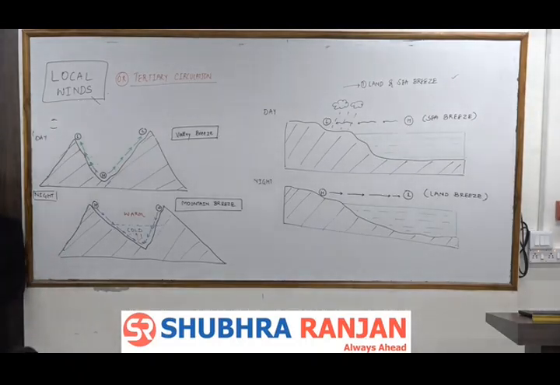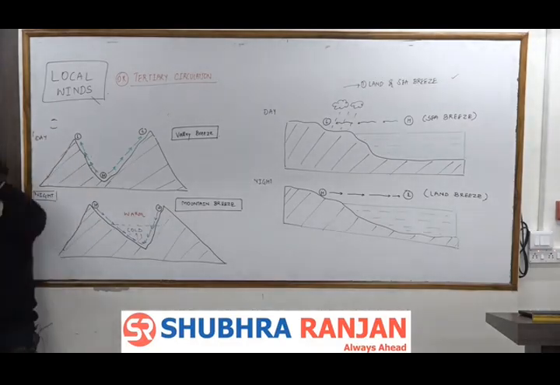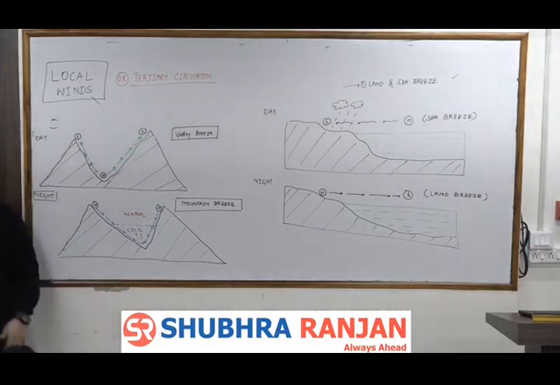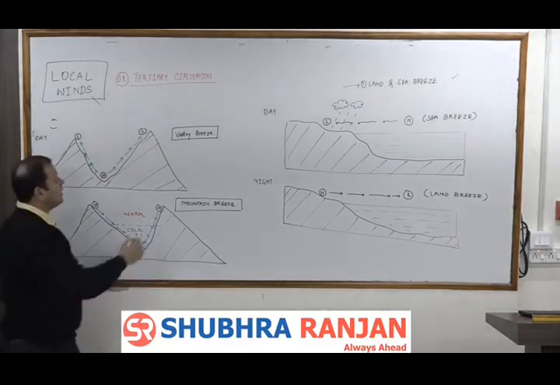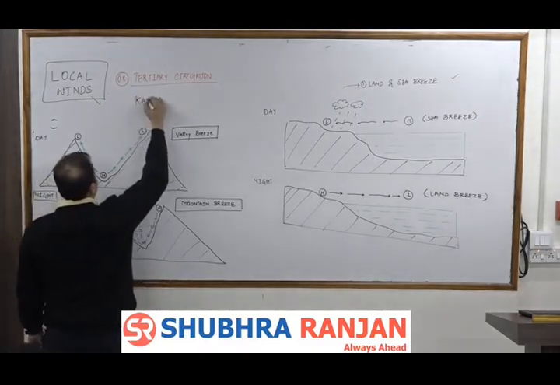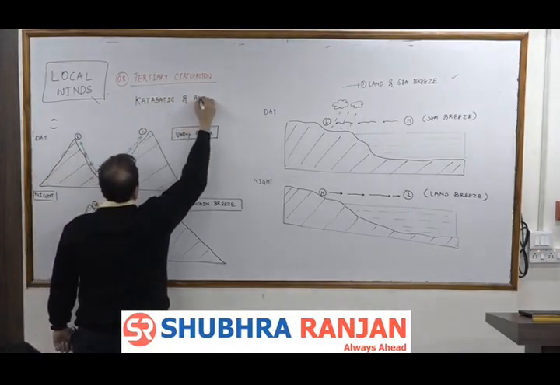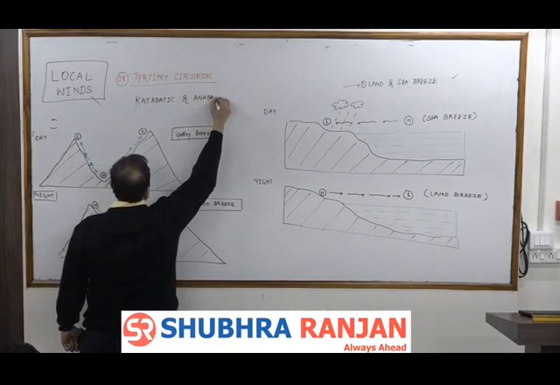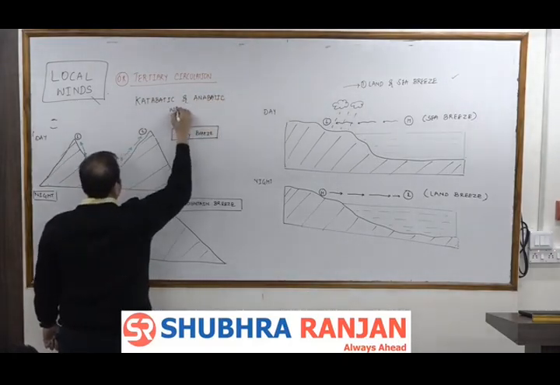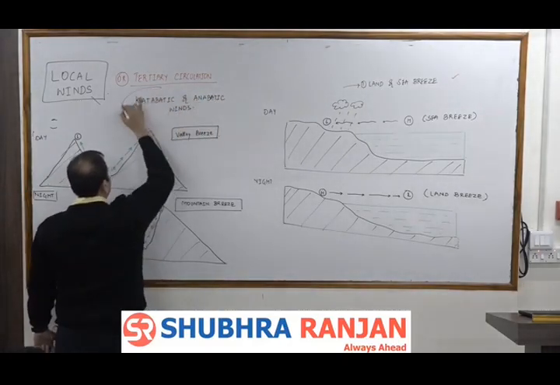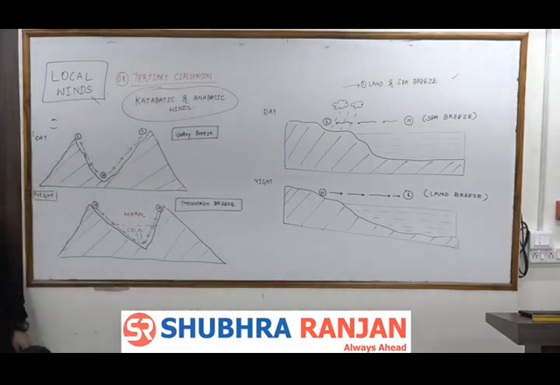Now how is the movement of these two winds? Up, down. Fine. This is more or less vertical, not totally vertical but somewhat vertical. We call such winds which move up and down katabatic and anabatic winds. So mountain and valley breeze is katabatic and anabatic.